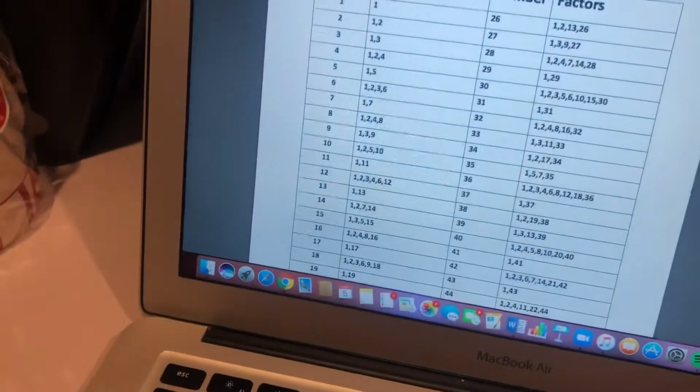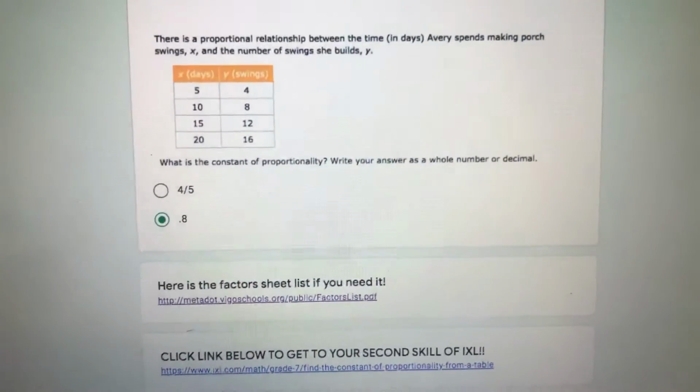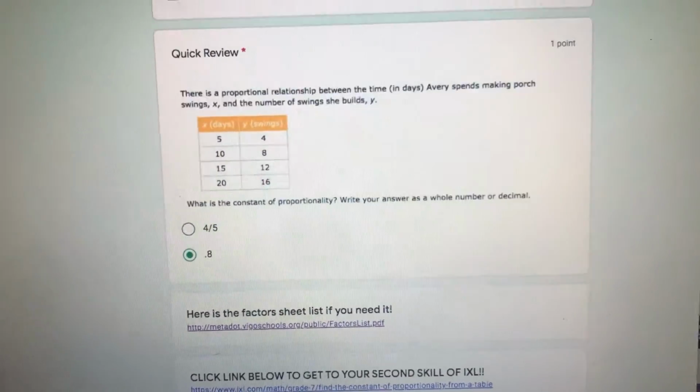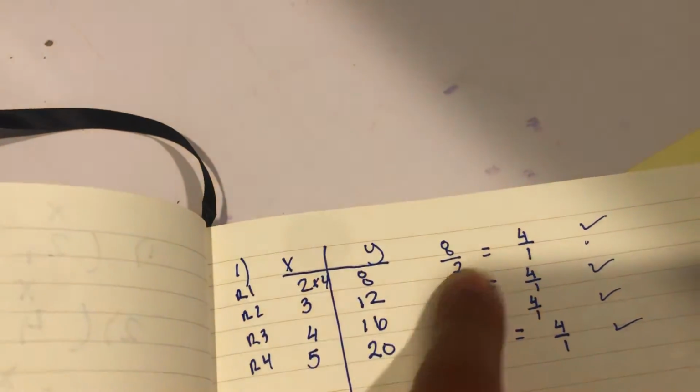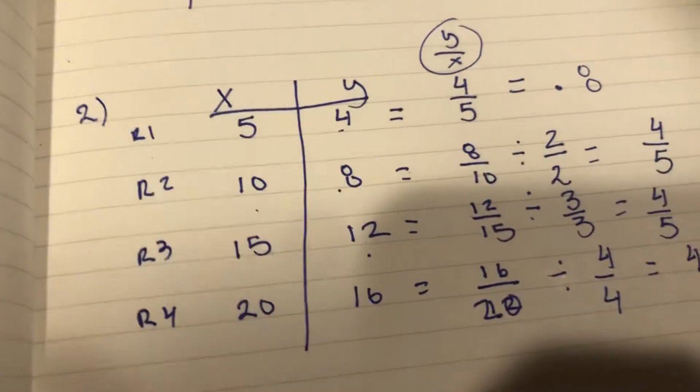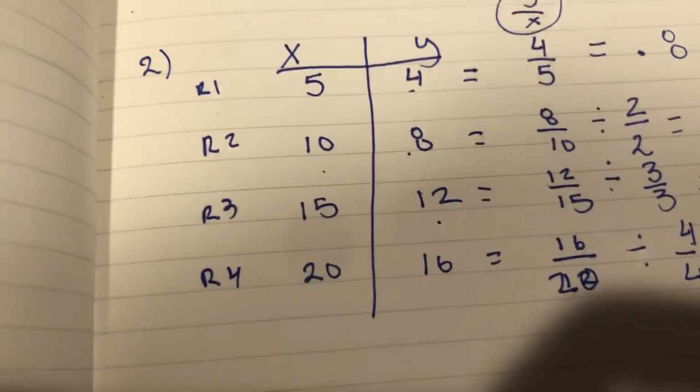Now, what you also could do, and this is just what I want to emphasize here, you could simplify each fraction, but you also could divide them just as how I was dividing my other ratios. So 8 divided by 2 gives me 4. I could do 4 divided by 5 to see what it would equal.